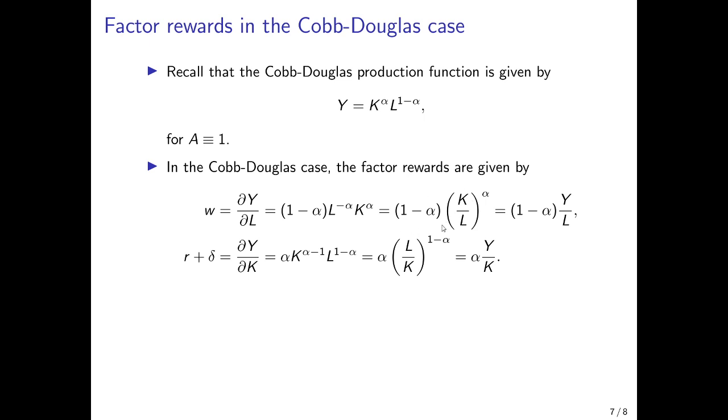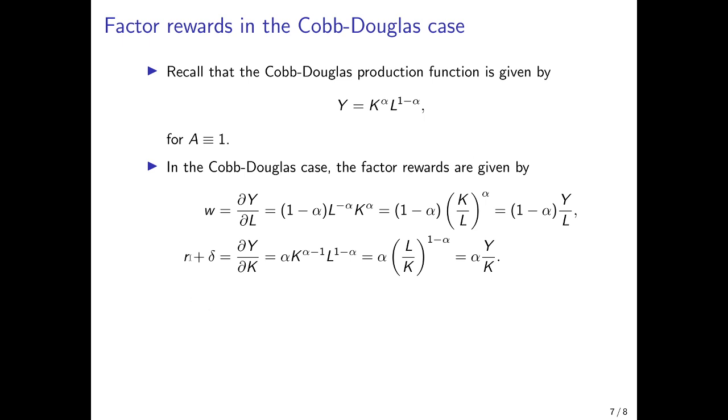So then the wage rate would be 1 minus alpha times the ratio of capital to labor to the power of alpha, and we see from the production function that this is basically nothing else than the production function itself divided by L. So we can rewrite this as 1 minus alpha times the production function divided by L. So that's the wage rate, and all three of these expressions you can see used in different macroeconomic models.